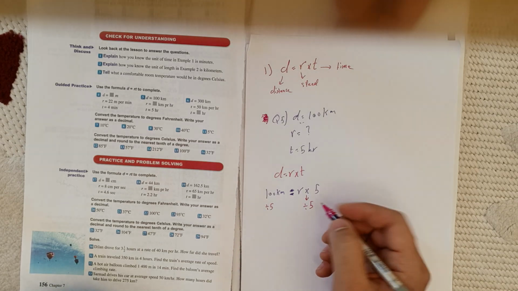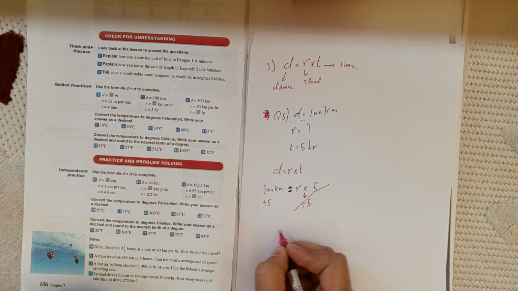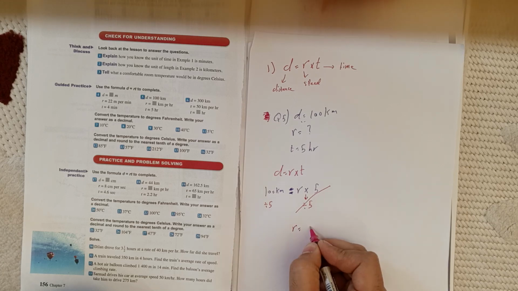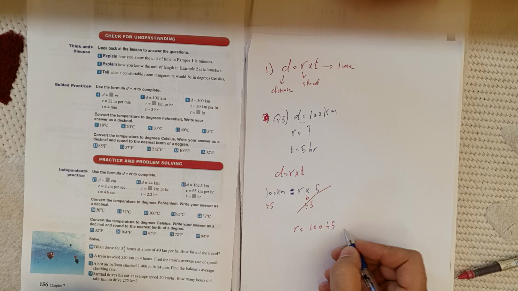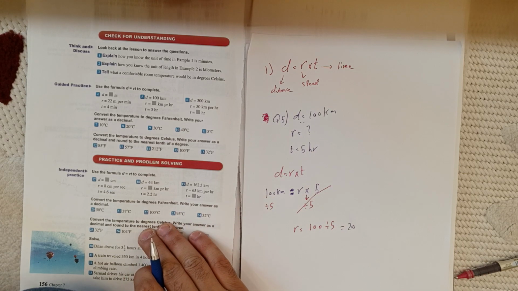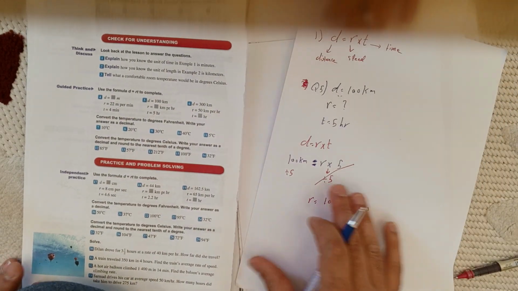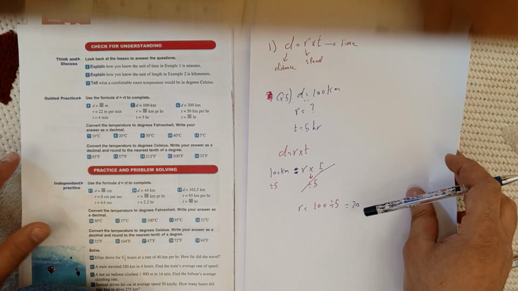The same number and different operations cancel each other, only R is left, and it is 100 divided by 5. Divide these two numbers, it's going to be 20. So it's so easy to find the speed or time or the distance by knowing this formula.